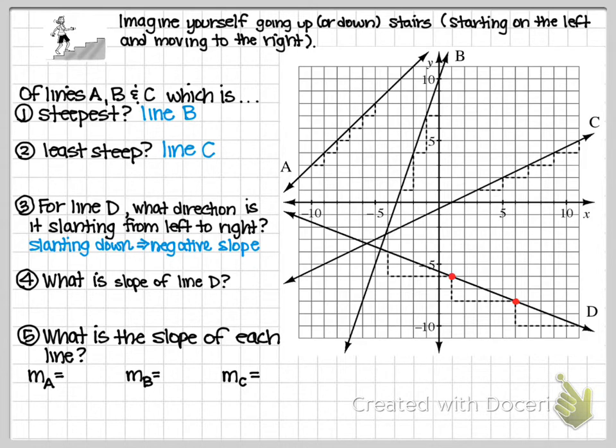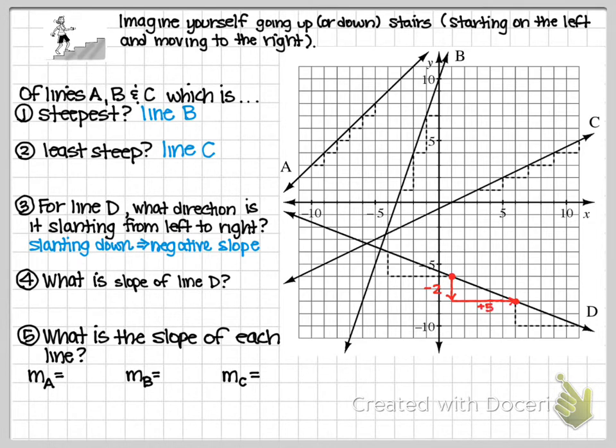Okay, left to right. Starting from the red dot on the left, I would go down 2, so that would be -2. Then I would go right, it's positive, 1, 2, 3, 4, 5.